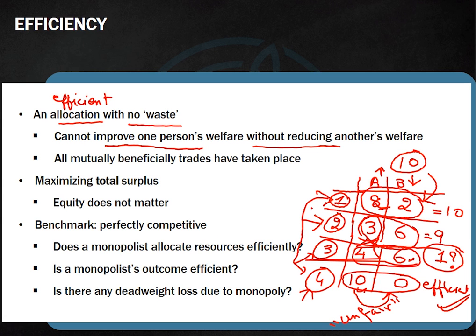Each of these allocations 1, 3 and 4 are equally efficient. We will not say that one allocation is more efficient than the other. Efficiency is not in degrees. We can say 1, 3 and 4 are equally efficient and 2 is not efficient.